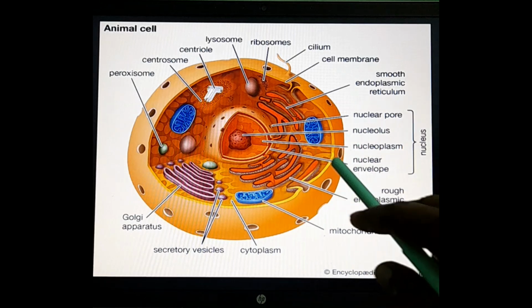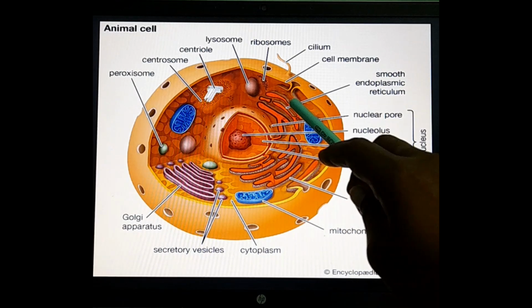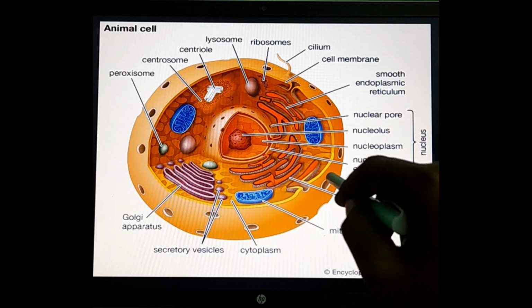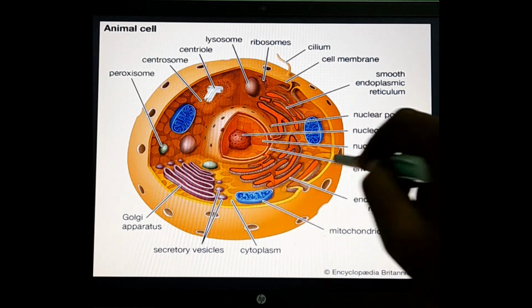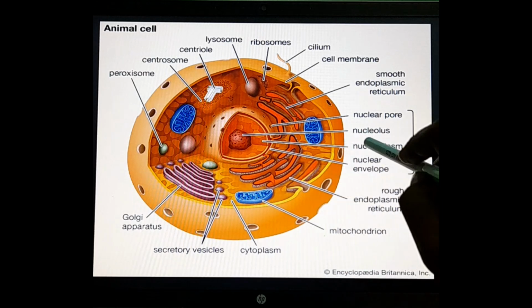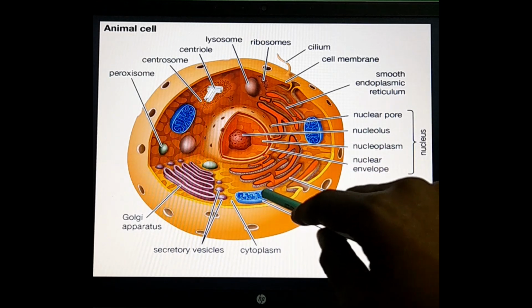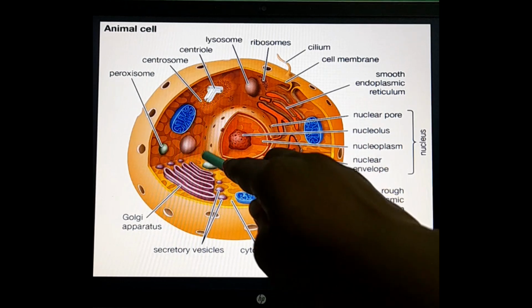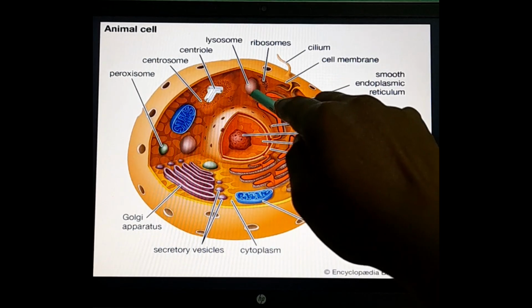Next is the animal cell. In the animal cell, we can see the outer membrane. There is a cell membrane. Inside the cell membrane is the cytoplasm, the jelly-like structure. This is the nucleus. This is the lysosome.